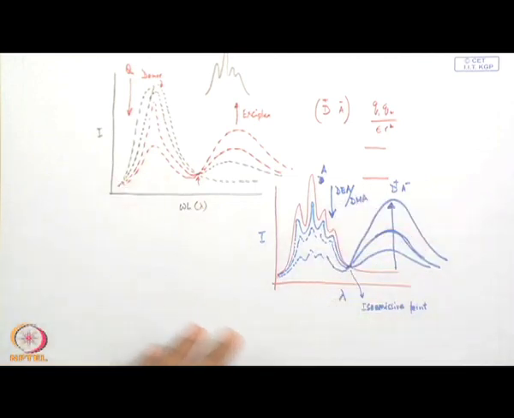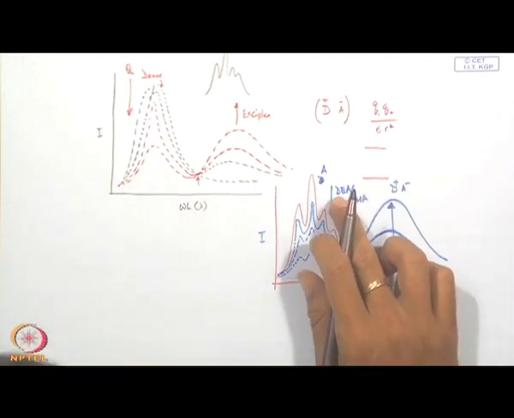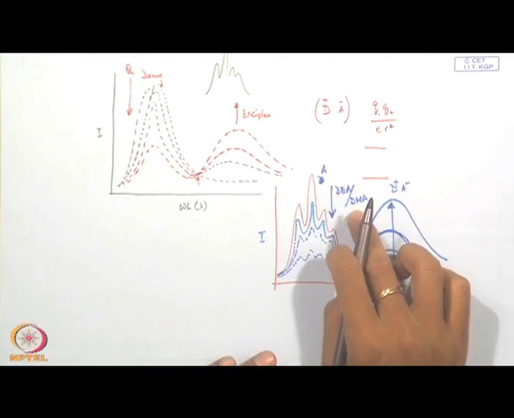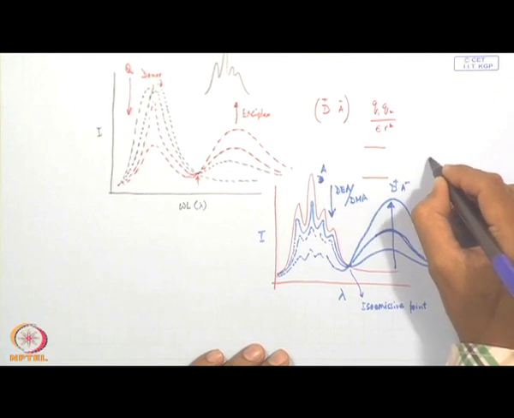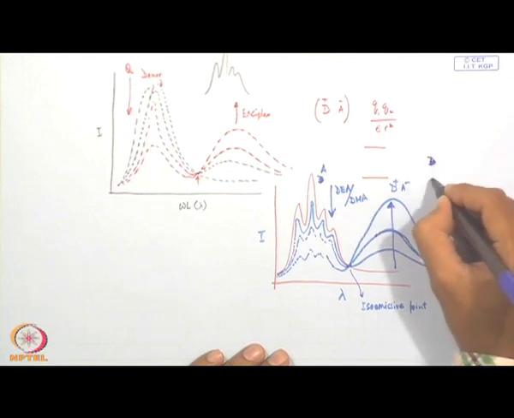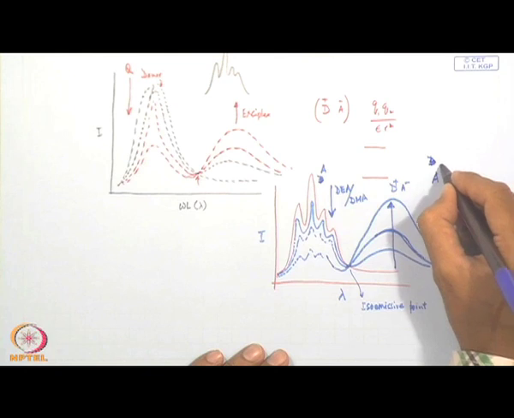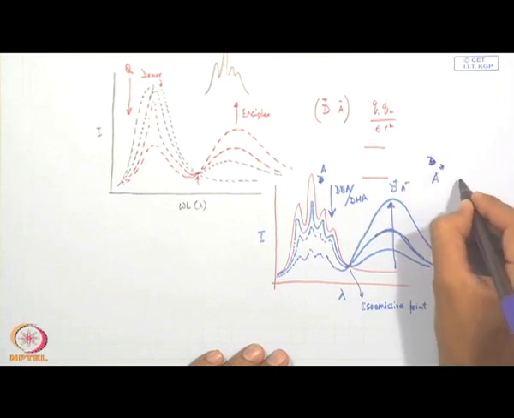So it depends. If you use diethyl aniline or dimethyl aniline, then it will be a donor and this is an acceptor. So, excited acceptor, acceptor in the excited state and donor in the ground state.